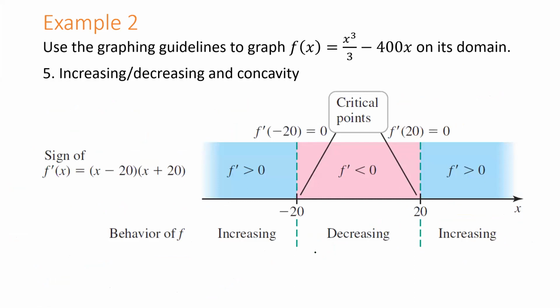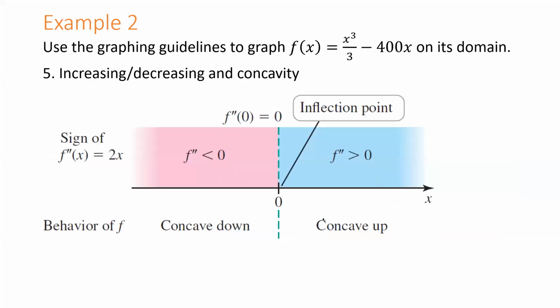Notice here we've got essentially the same information that we had from analyzing the first derivative, so we know those two critical points at negative 20 and positive 20 will correspond to local maximum or local minimum values. We'll do that in the next step. And then here we have an inflection point at 0 where it changes from concave up to concave down.